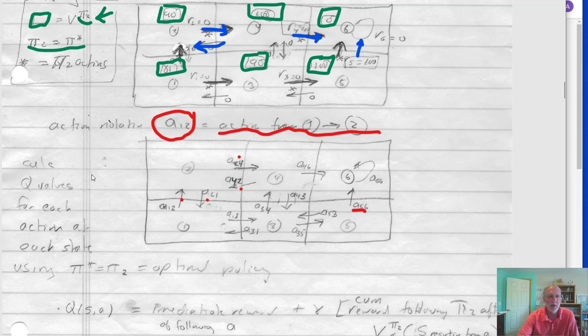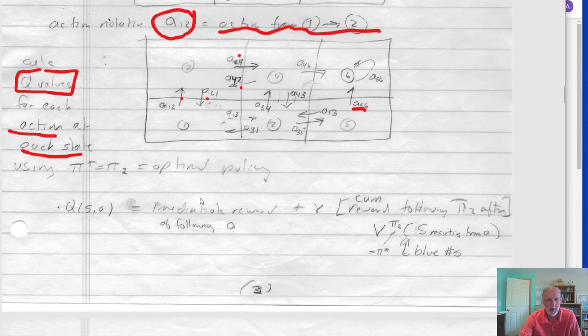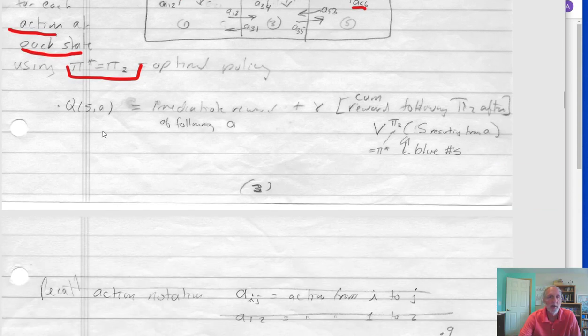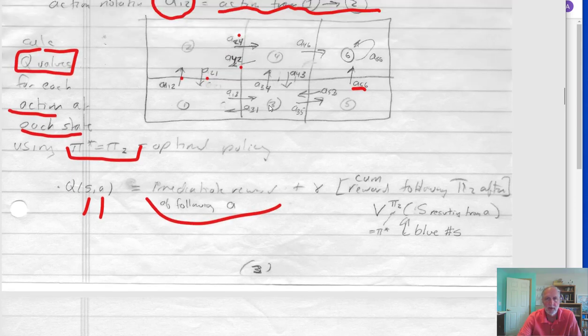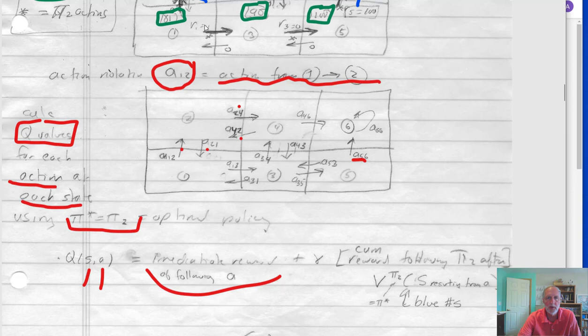So now we're going to calculate the Q values for each action at each state. So for each one of these arrows here, we're going to get a Q value. And we're going to use the optimal policy pi2. So remember what the formula is. Q for being in state S, following action A, you collect your immediate reward. That's going to come from the rewards up here.